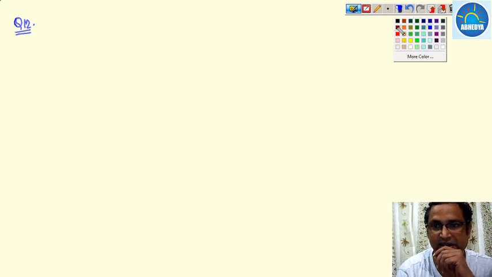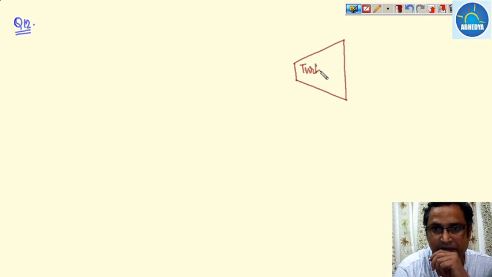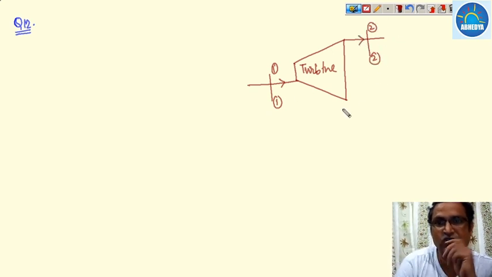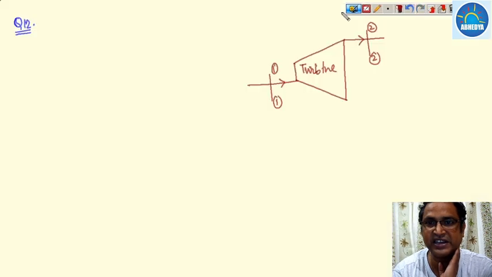This is the tenth problem. So I am making the diagram of this with the help of a turbine. Okay, so this is our turbine. I am taking this as the inlet condition, writing 1 for inlet and 2 for outlet condition. At the inlet condition, the steam enters the turbine at 30 bar and 400 degrees centigrade.